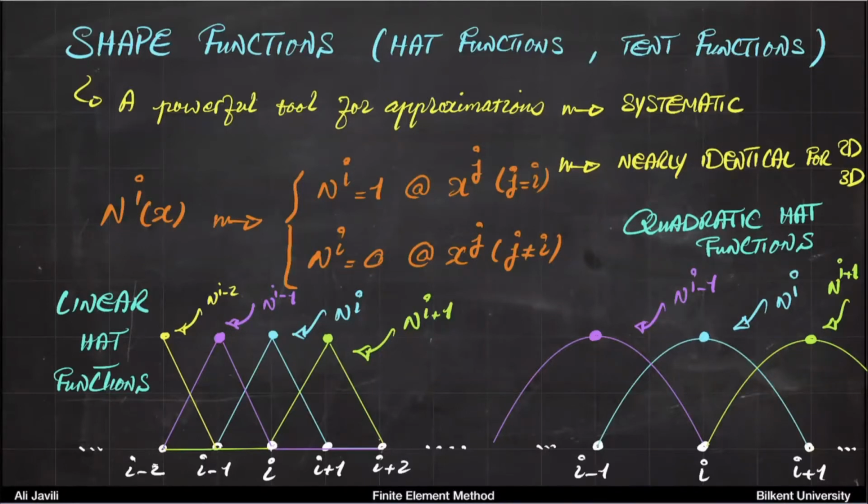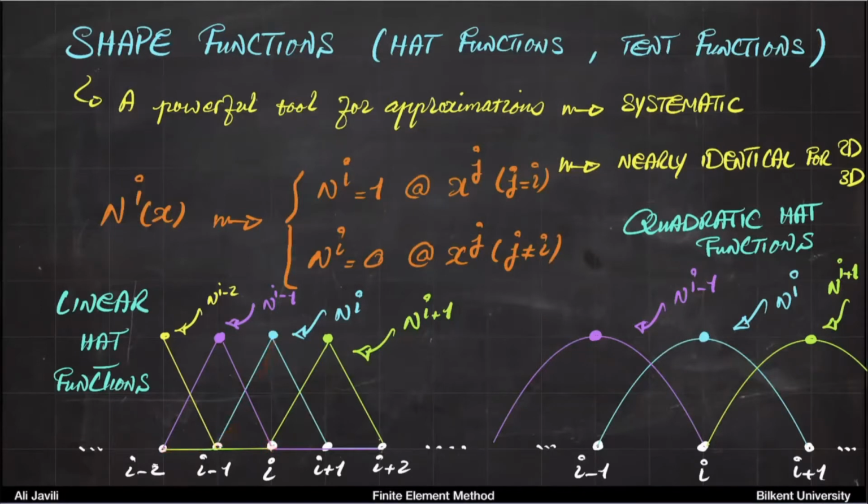And they have this nice property that they basically have 1 at their nodes and 0 at other nodes. By the way, this type of approach or this type of weighting, if you like, it's like you would say you have the maximum weight of 1 at a node and then weight 0 elsewhere.